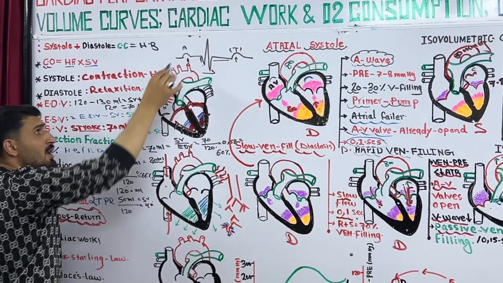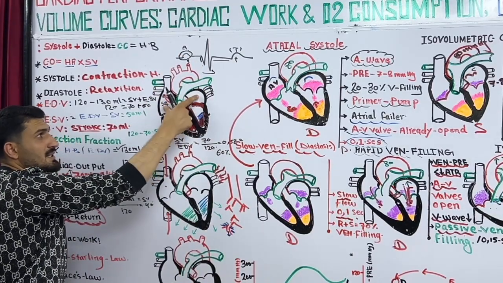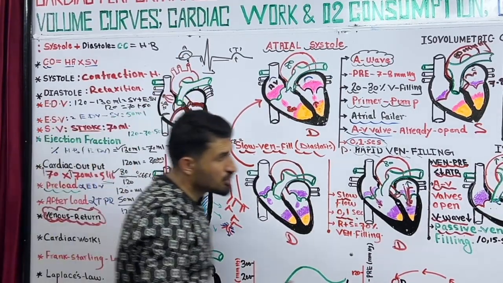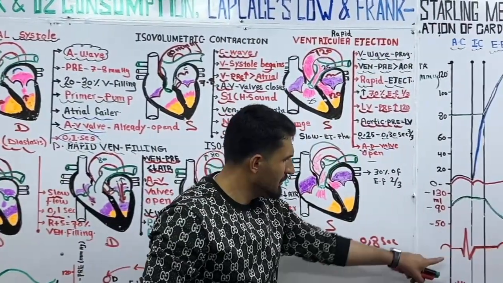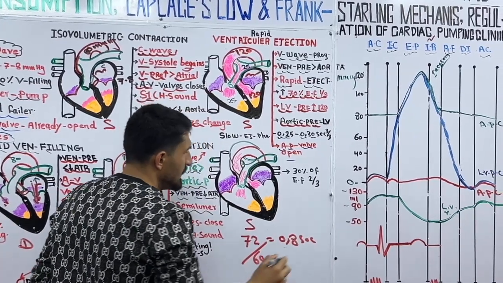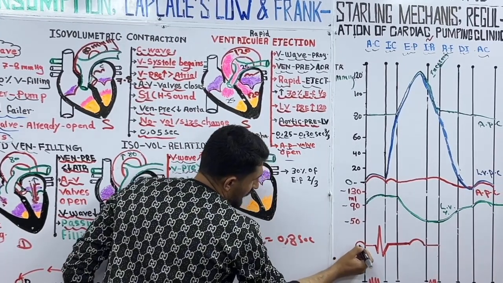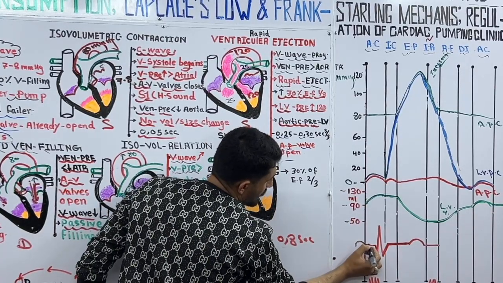Okay, got it. Now first of all, this P wave occurs, and then it causes contraction of the atria. So here in the graph, don't think too much about the ECG. I'll teach it in full detail, don't worry. But anyway, here in the graph, first the P wave occurs, and then atrial contraction comes.